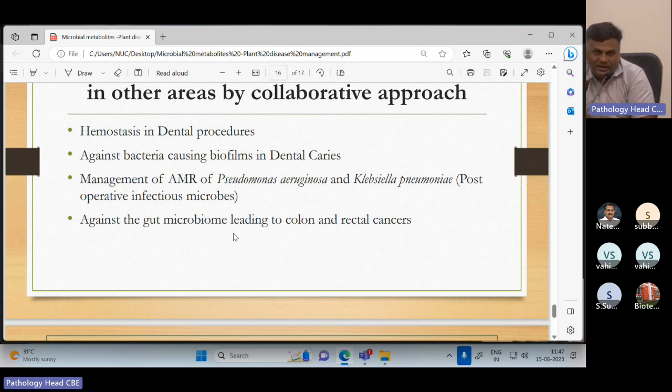It's mostly they who are working, but I'm just assisting them with my organisms. They ask me which organism will have which class of compound. Because we have metabolomically analyzed our compounds, if any class is there, we extract the compounds from our organism and give them. They will purify it and then do the biopsy. So that is how they are doing it. Things are going on like this.